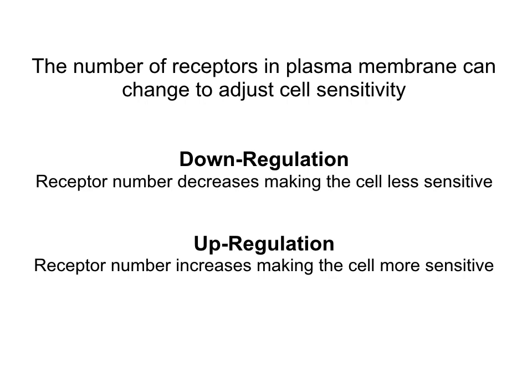Now, the number of receptors in your plasma membrane can change to adjust your cell sensitivity. So, for example, there is a process called downregulation. Downregulation is going to decrease the number of plasma membrane receptors, which is going to make your cell less sensitive to a hormone.